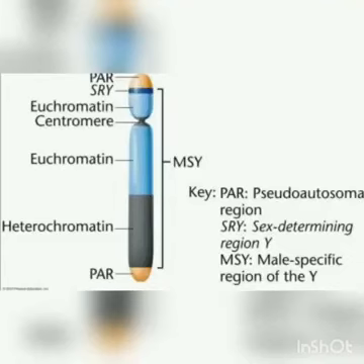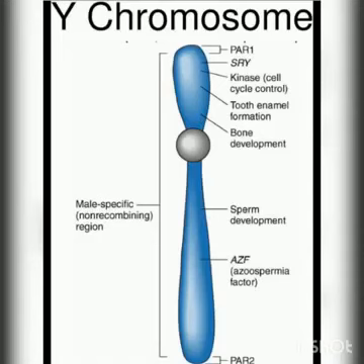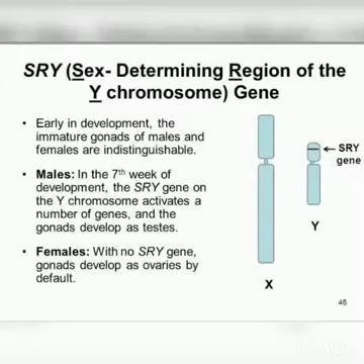The remaining 95% of the Y chromosome is referred to as the non-combining region. That means the part which does not combine is referred to as the non-combining region of Y. It is denoted as NRY. The NRY genes are divided equally into functional genes and non-functional genes.